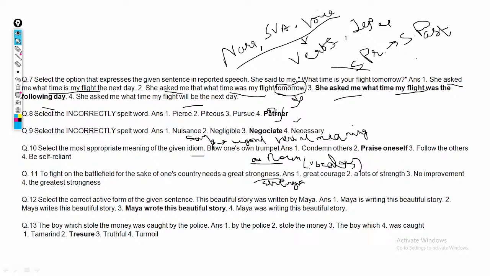I believe it needs courage. To fight on battlefield for the sake of one's country needs great courage. So this is the thing. This you can write. This we can actually write. Needs great courage. Great courage.